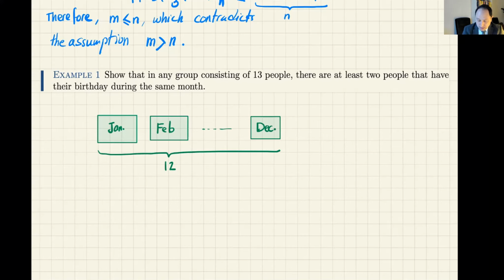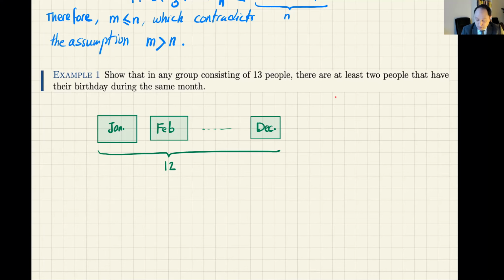And then I start calling the people. I don't need any information. For example, if the first one is born in January, I will put that person in this box. If that person is born in February, I will put that person in this box, and so on. When I call the first person, it is in one of them. If I call the second person, it is still in one of them.